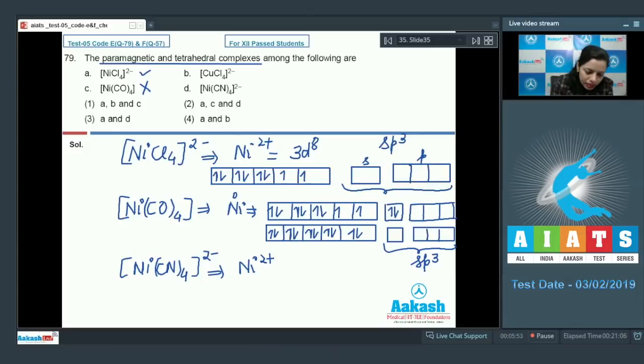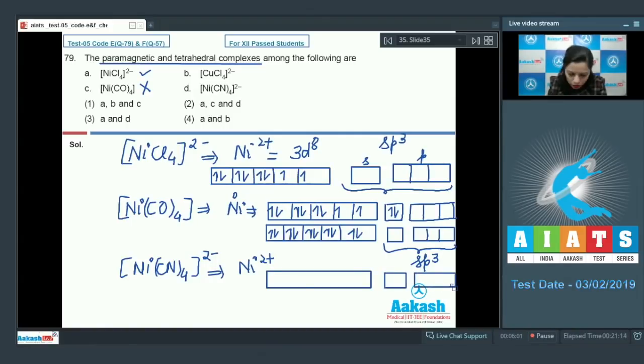It means in that case the hybridization that is possible is this way. And here is the pairing of electrons due to the presence of a strong field ligand.